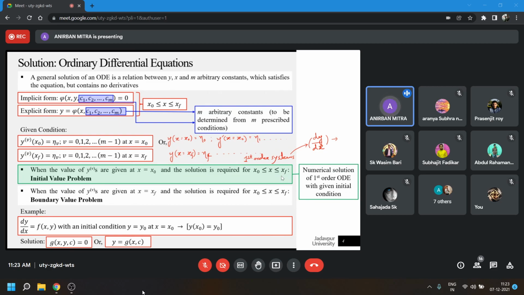So this is the definition of the problem that we are looking to solve in this class. First order systems of ODEs with given initial condition.